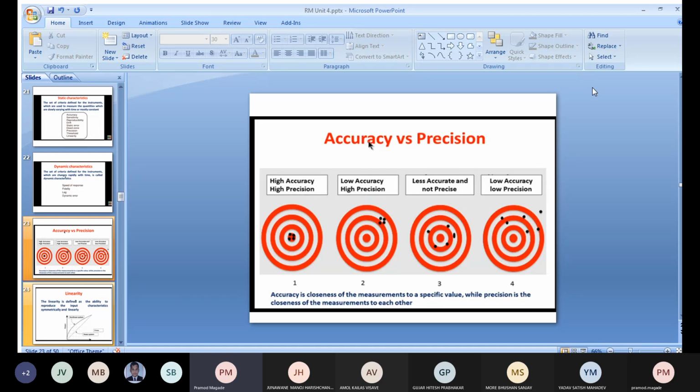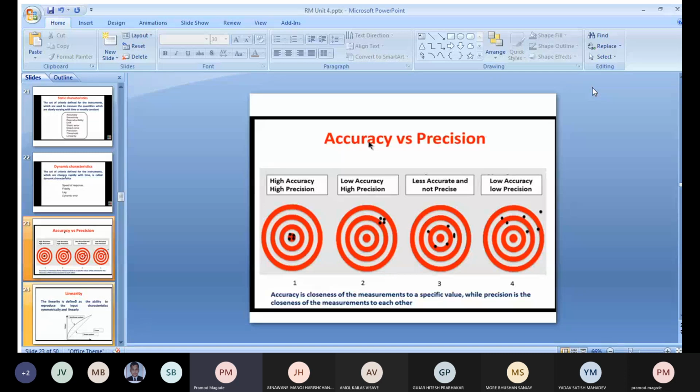In the second figure you can see low accuracy, because the specific value is deviated. The specific value is at the center, but the readings are not at the center. That's why low accuracy. But high precision, because all the values are near each other. So I can say it is high precision.